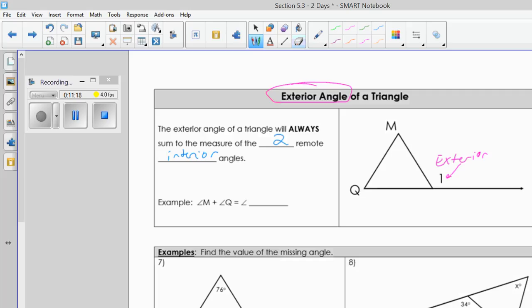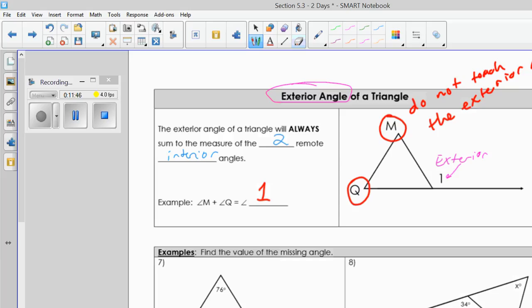Remote interior angles are the two angles inside your triangle that do not touch the exterior angle. So there are always going to be two angles that do not touch your exterior angle. In this case, angle M plus angle Q will equal angle 1, which is your exterior angle.